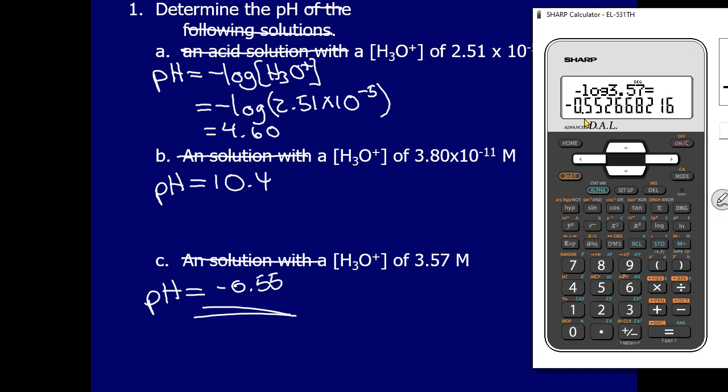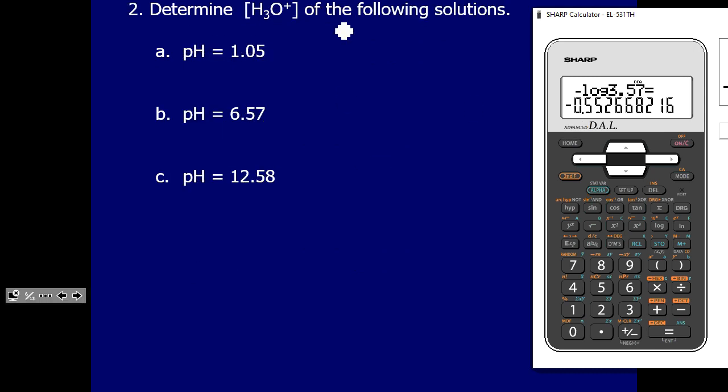All right. Let's now do some the other way. So here is the pH. I want to know what the H3O+ is. So this is now using the second function, or the 10 to the x, and putting it back up where we got it from. Again, determine the H3O+ of the following solutions is not important. I am going to do the first one with you.